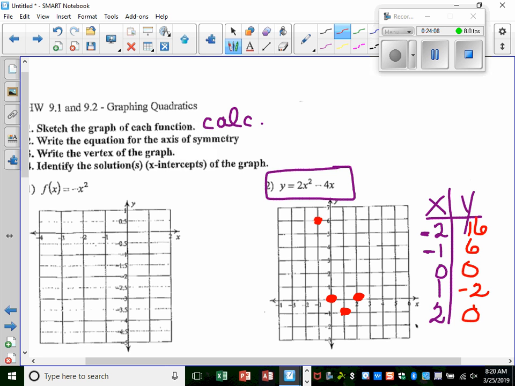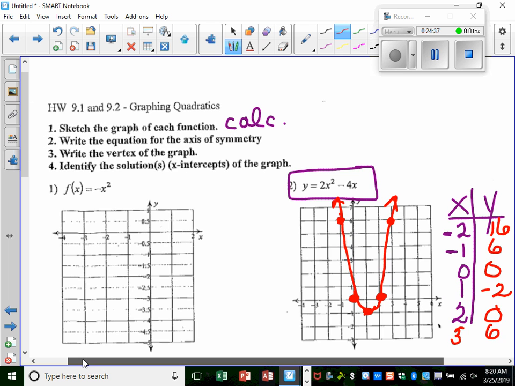All right, so what does 3 come out to be? All right, so let's add that. So I'll have a point up here. All right. And let's go ahead and make the parabola. Make sure you have arrows on both ends, right? So I've taken care of number 1, which is just to sketch it.